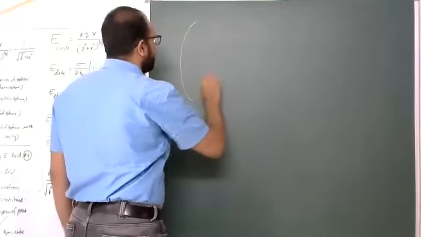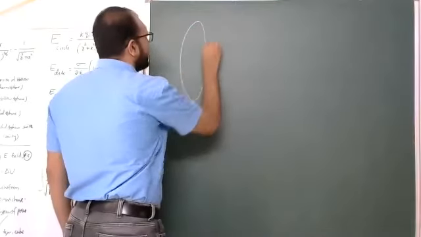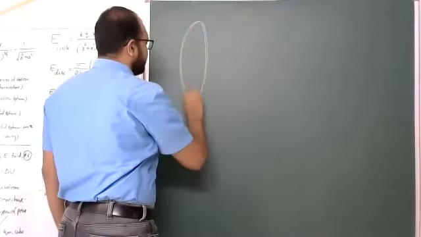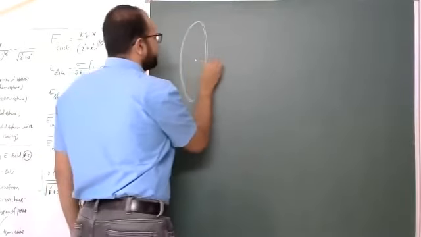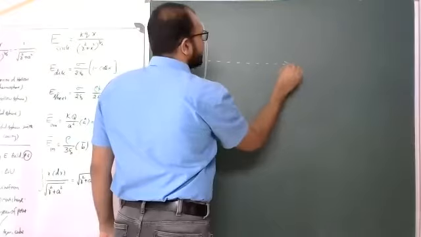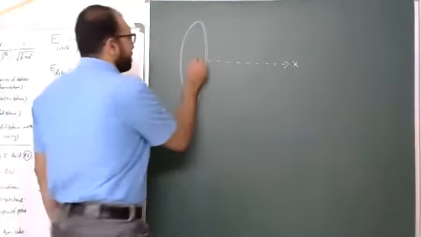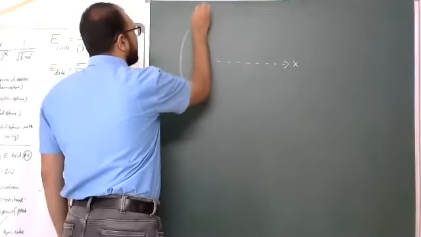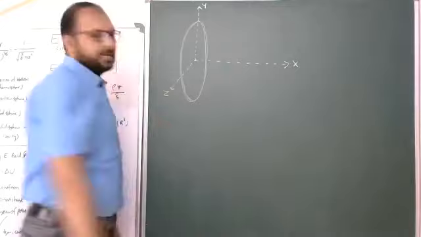Yes, students, here one uniformly charged ring I am taking. This is the center of the ring. Axial line I am taking as the x-axis, and this is the y-axis, z-axis.